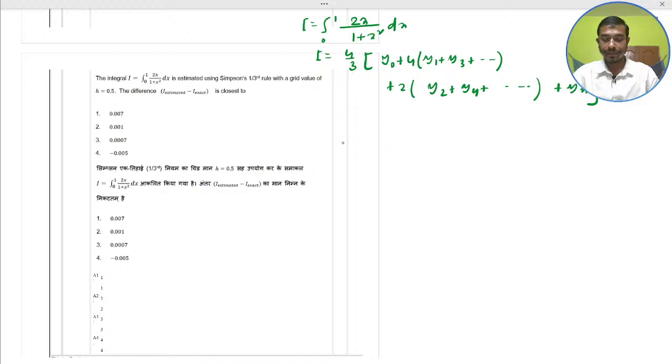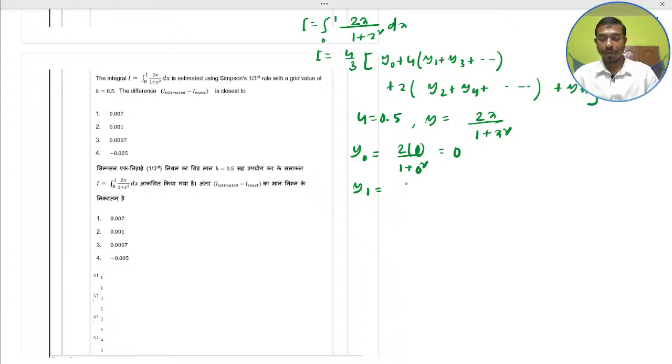Put this value, here h, the grid or strip length, is 0.5, and y is the function 2x by 1 plus x square. Compute y0: 2 into 0 by 1 plus 0 square, that would be 0. y1 would be what? 4 by 5. y2, put this value, you would get 1.